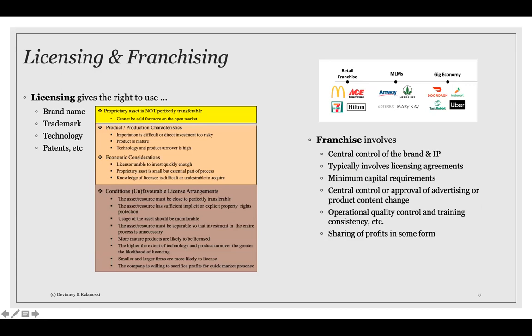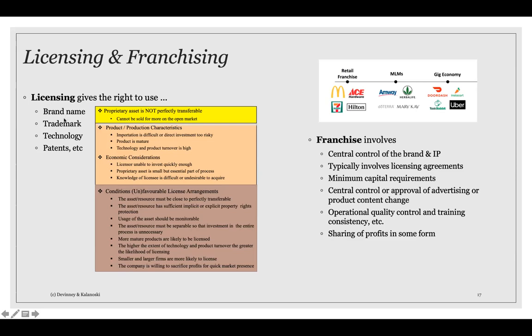One of the key channel strategies that we talked about was franchising. Franchising arises in an environment in which you want to engage in some aspect of disintermediation of the value chain, and you also have the ability to license things.